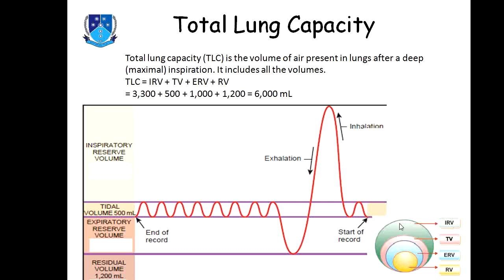This green layer represents the inspiratory reserve volume. This pink layer represents the tidal volume. This bluish layer represents the expiratory reserve volume, and this yellow layer represents the residual volume. All of these volumes combined together make the total lung capacity, that is roughly 6,000 ml or 6 liter.